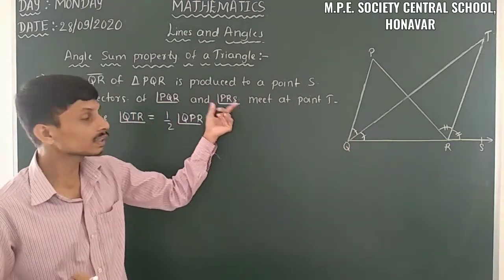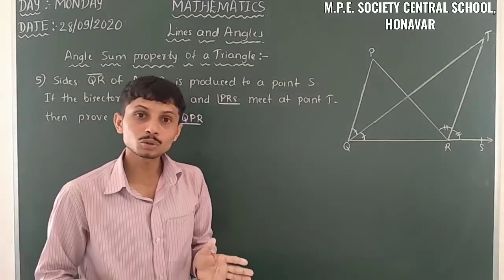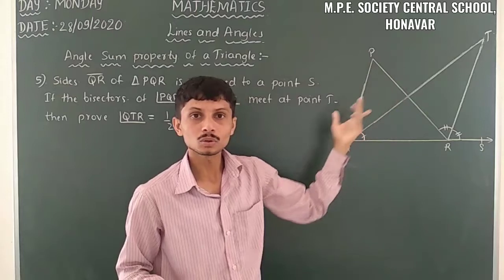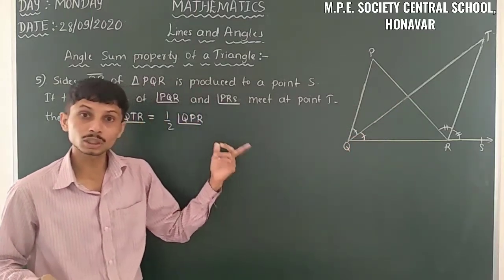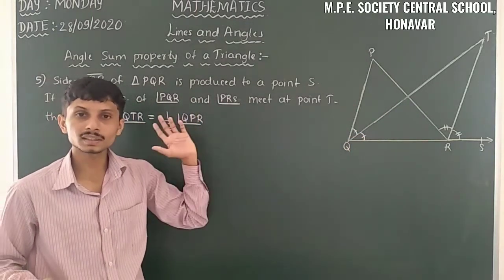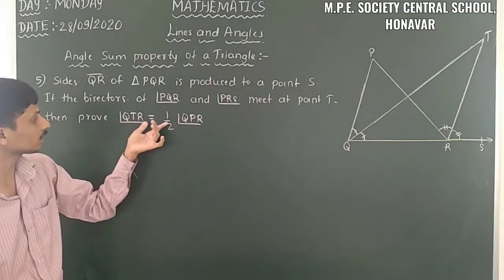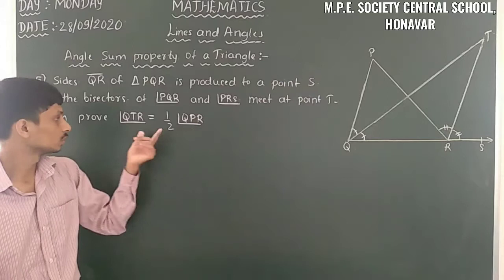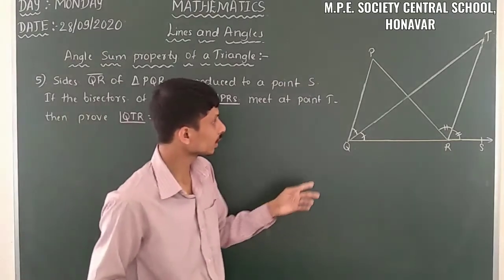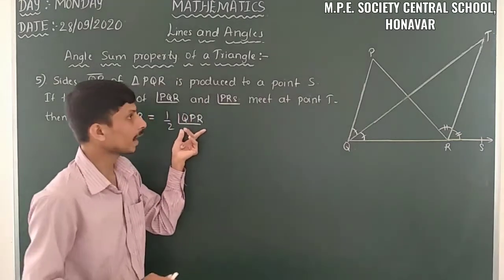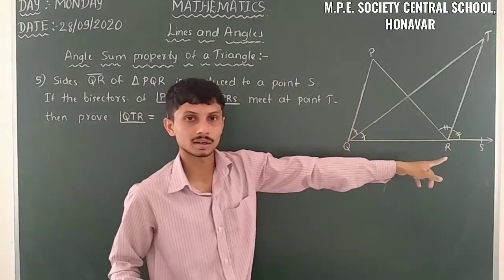Then angle PRS also splits into two equal parts by the angle bisector TR. So these are the givens. What do we have to prove here? To prove: angle QTR is equal to half of angle QPR.